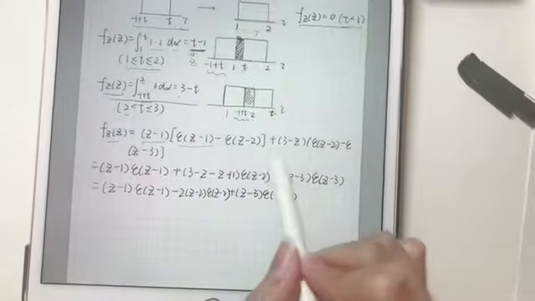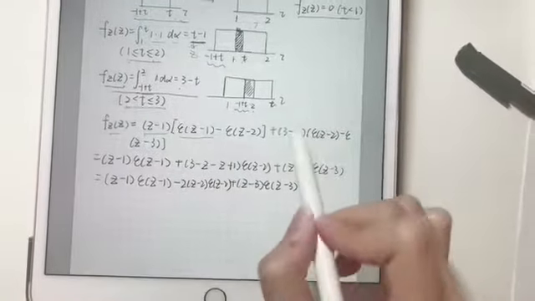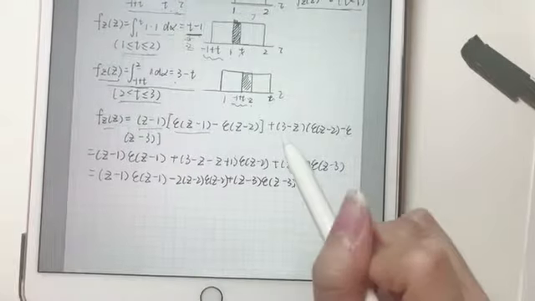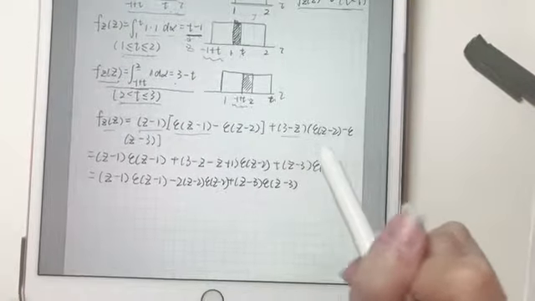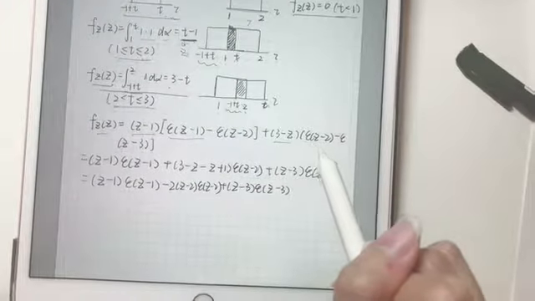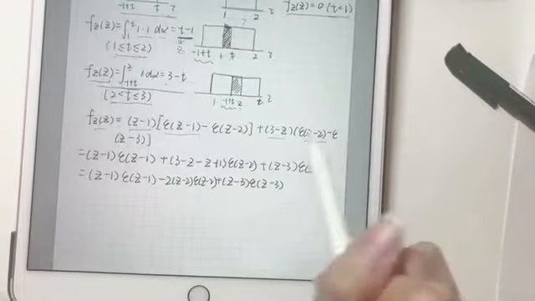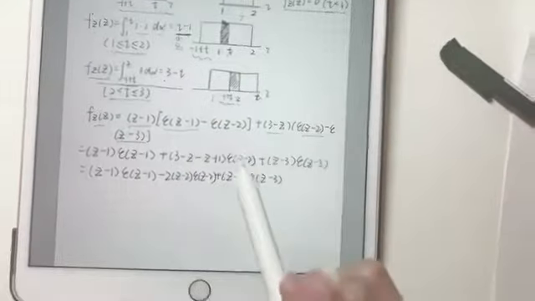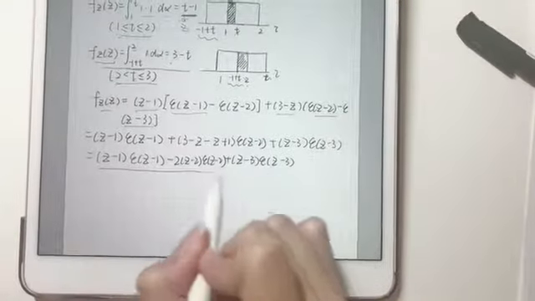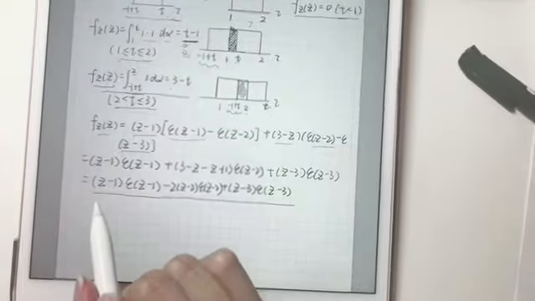For the same reason, we can write the second period of this function as 3 minus t multiplied by the step function of t minus 2 minus the step function of t minus 3. At the end, we get the final answer for the little PDF of z.